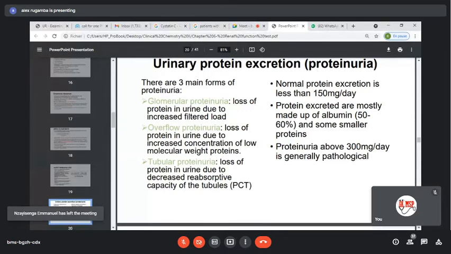Normal protein excretion is less than 150 milligram per day. The protein excreted is mostly albumin, which is 50 to 60%, and some small proteins, other proteins. So protein above 300 milligram per day is generally pathological, so it's a problem.